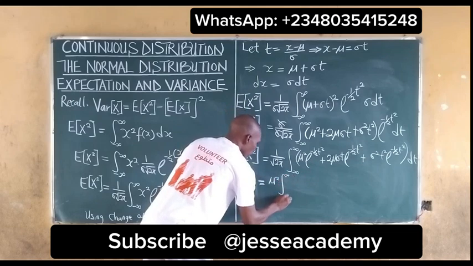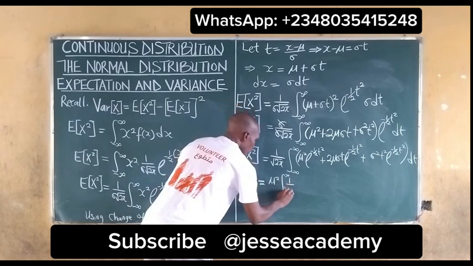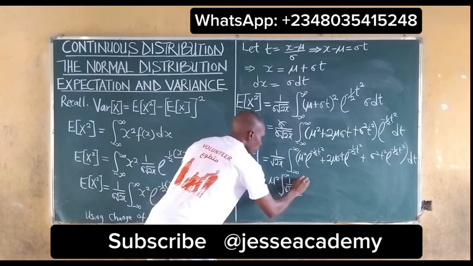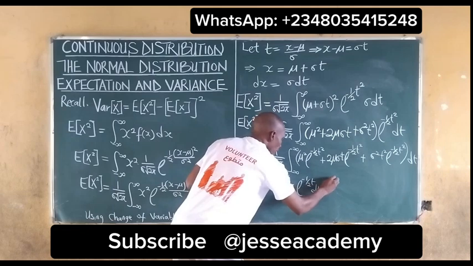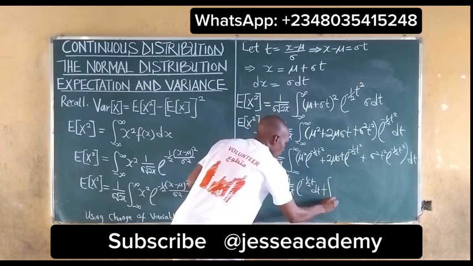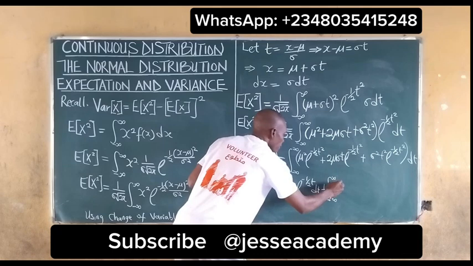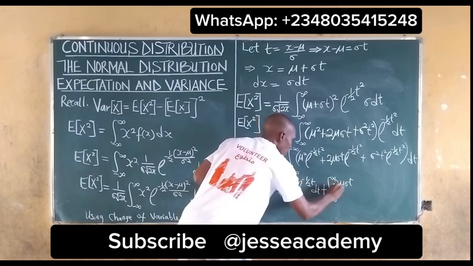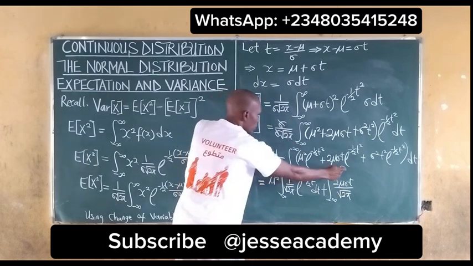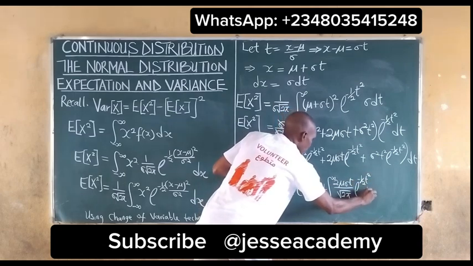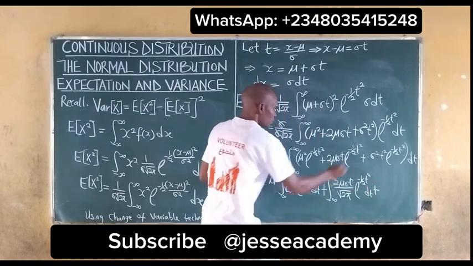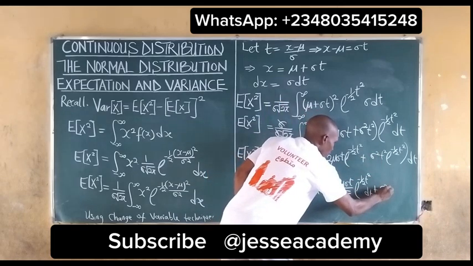The integral from negative infinity to infinity, we have 1 all over square root of 2 pi exponential negative 1 all over 2 t squared dt, plus we have this as the integral from negative infinity to infinity of 2 mu sigma t all over square root of 2 pi, exponential negative 1 all over 2 t squared dt, plus, in this case, we bring out sigma squared.